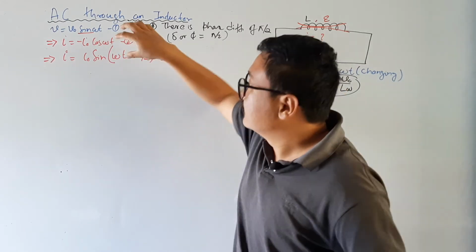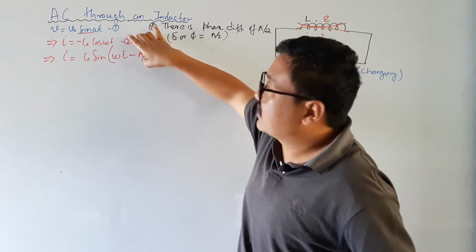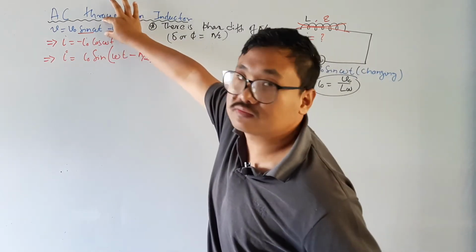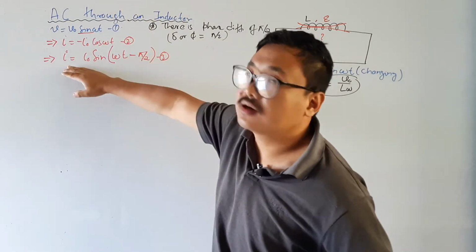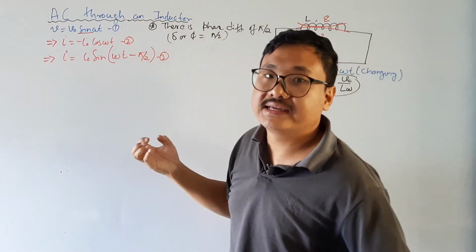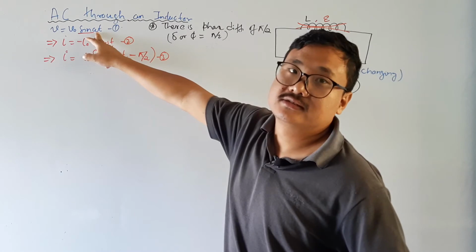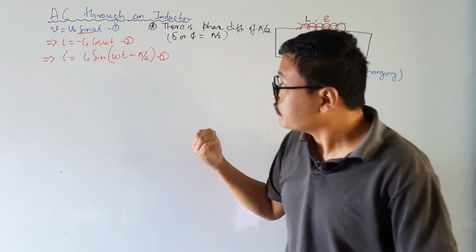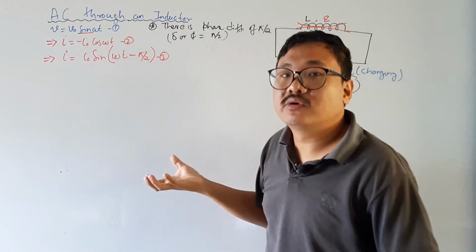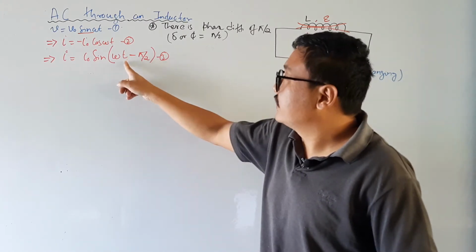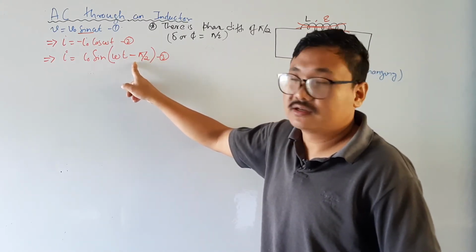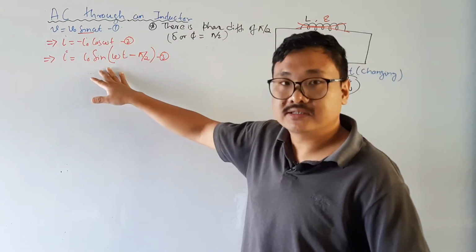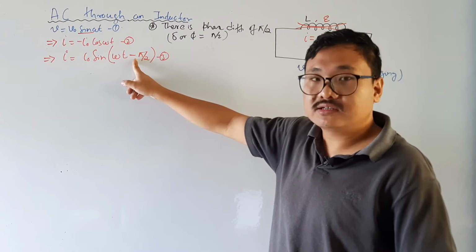It means that pi by 2 is being subtracted from omega t. Then this term will become less than this one, and this is in the current. So current is lagging the voltage, and voltage is leading the current. यहाँ पर क्या हो रहा है? करंट जो है पीछे दौड़ रही है, क्योंकि करंट पर पाई बाई 2 माइनस में, एंड इन वोल्टेज आगे जा रही है करंट से, ठीक है ना, क्योंकि यहाँ पर माइनस है ना पाई बाई 2.